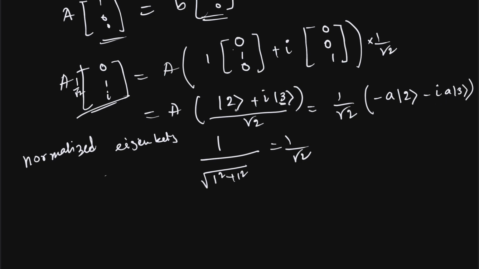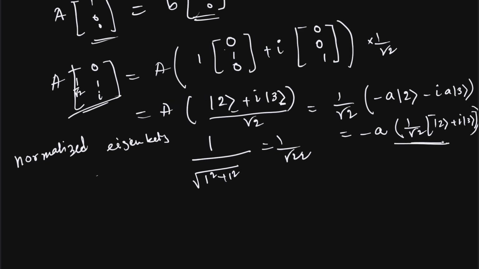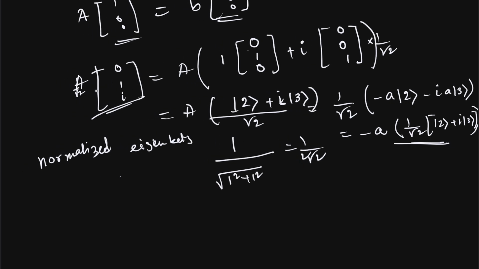Since |3> and |2> are eigenkets of A with the same eigenvalue minus a, it will be minus a times 1 by root 2 (|2> plus i|3>). That means this is a simultaneous eigenket of the operators A and B.